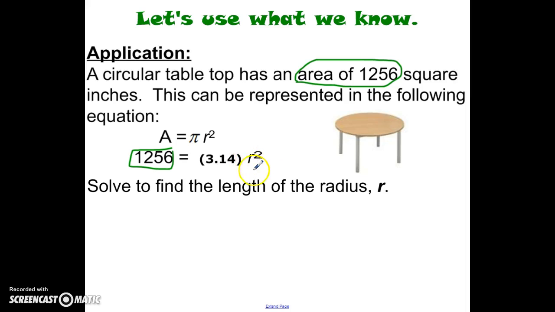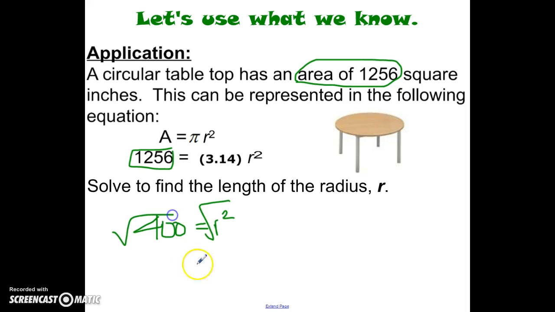Well, if I want to isolate this, I need to just divide both sides by 3.14. So 1256 divided by 3.14 is 400. So 400 equals r squared.